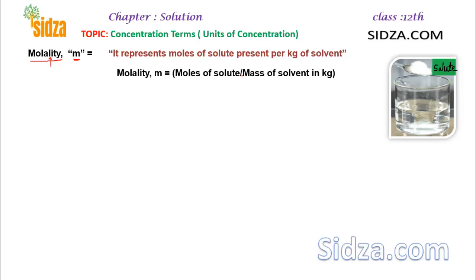So what is the molality? Molality basically means how many moles of solute are there in 1 kg of a solvent. So it represents the number of moles of solute present in 1 kg of solvent. If you remember, in our last video we learned that molarity, which is represented by the capital M, means the number of moles of solute present in 1 liter of solution.